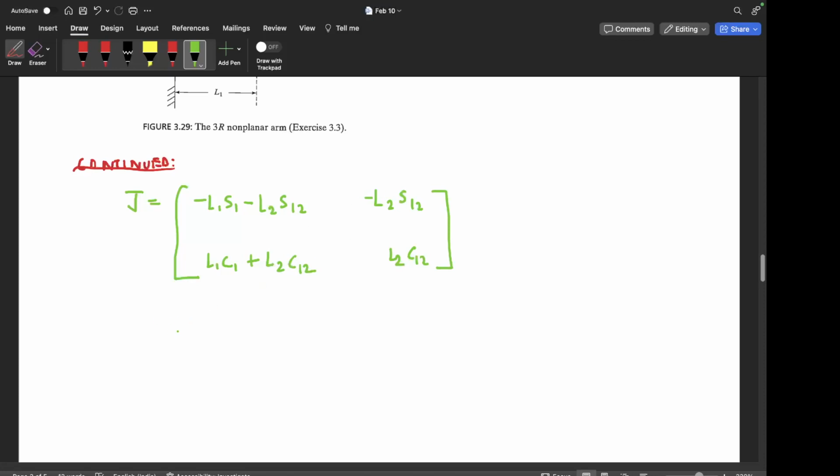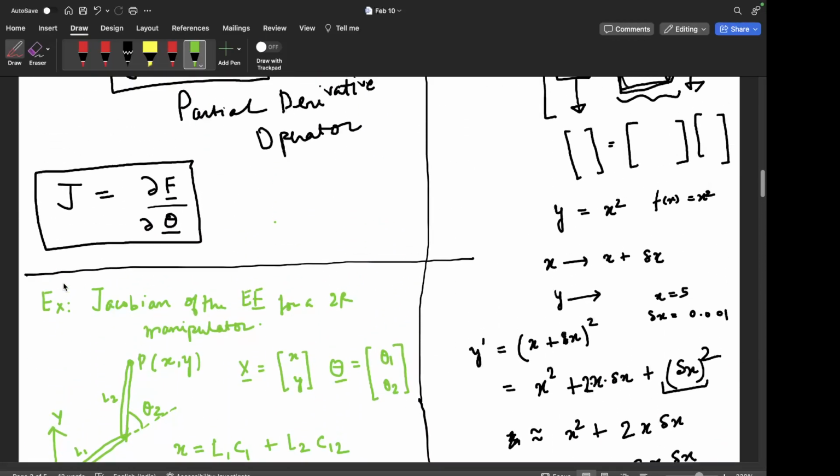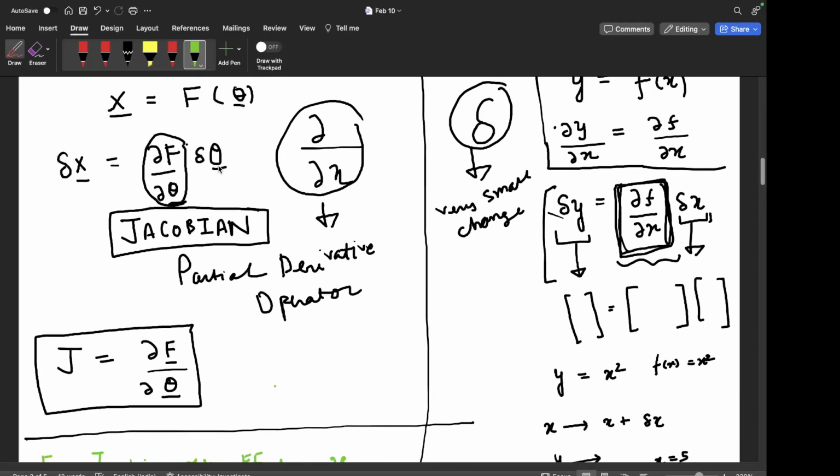Now what next we can achieve from here is what I mentioned earlier, that a small change in theta is related using the Jacobian to a small change in x.